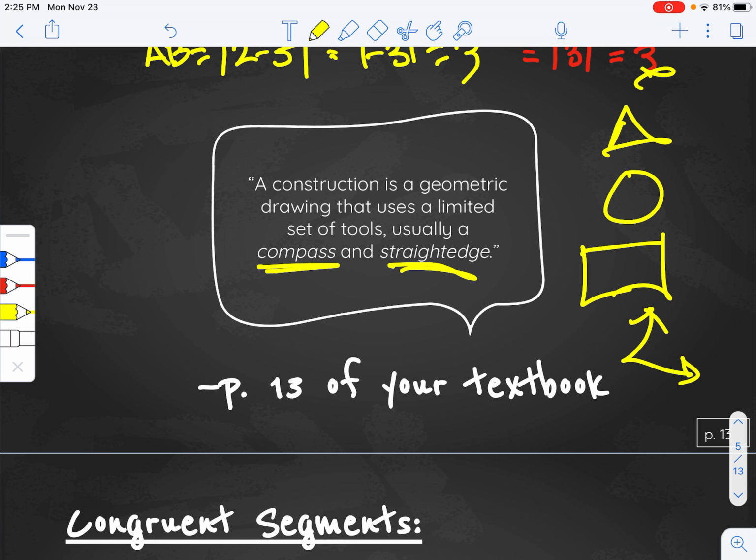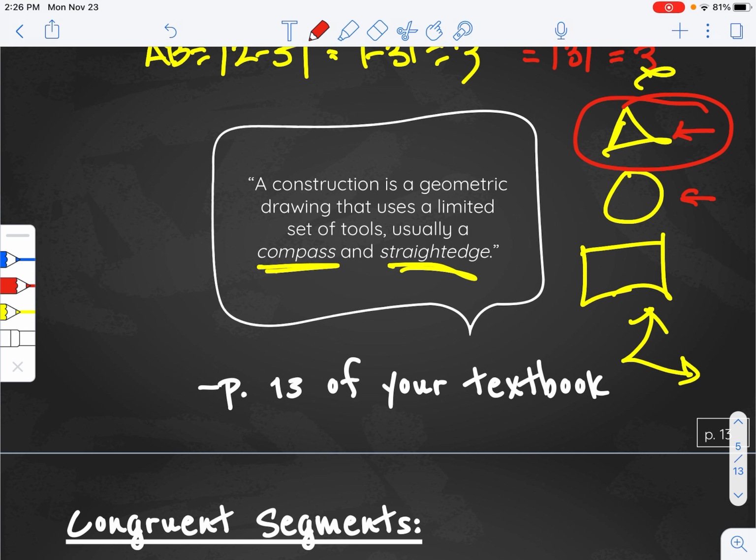So if I were to want to make the perfect triangle or the perfect circle, I would want to use a straight edge to make my line straight. If I were to try to make the perfect circle, I'd want to use a compass because I could put that middle down and keep my hand steady and draw a perfect circle.